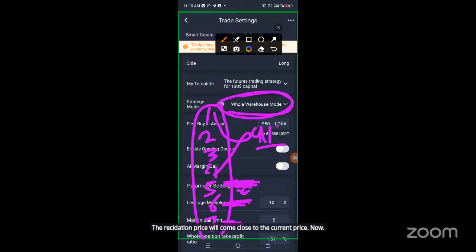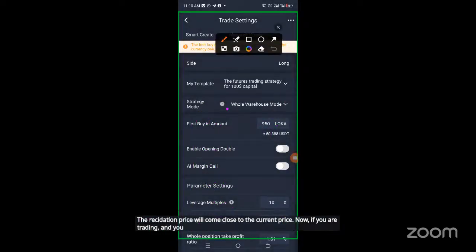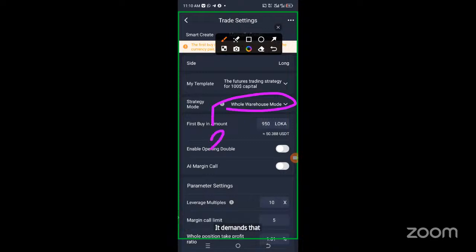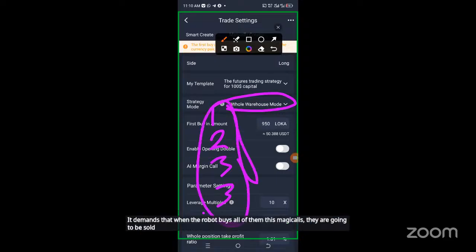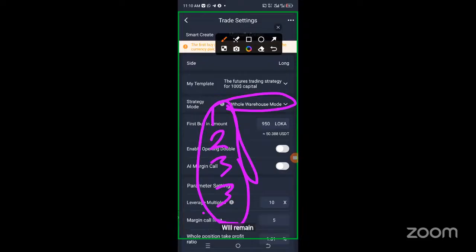Now, if you trade in warehouse mode, it means that when the robot buys all of these margin calls, they are going to be sold all together. Therefore, your liquidation price will remain far away from the current price. It will not change.